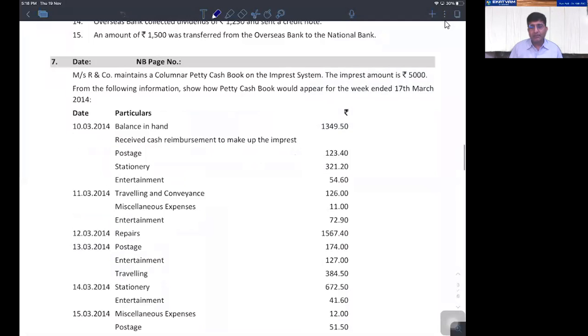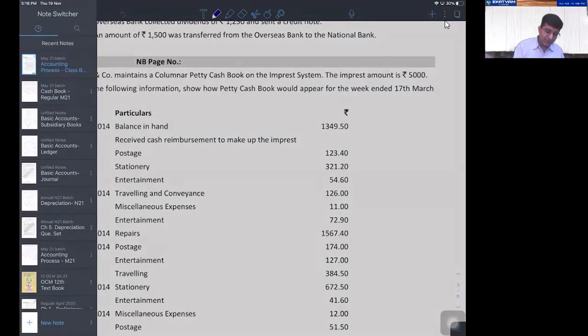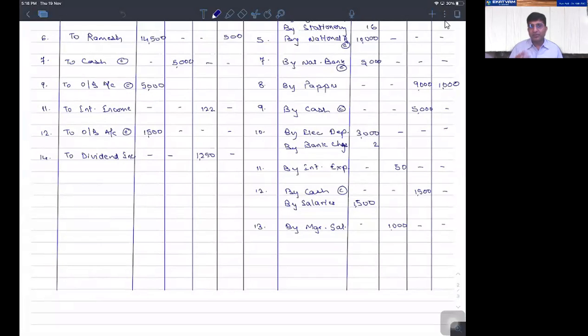And then finally, an amount of rupees 1,500 was transferred from overseas bank to the national bank. Again, a contra transaction, because there are two banks involved, so both the effects will be completed within the cash book itself. Entry will be national bank account debit to overseas bank account, because the money is going from overseas bank and national bank is receiving it.